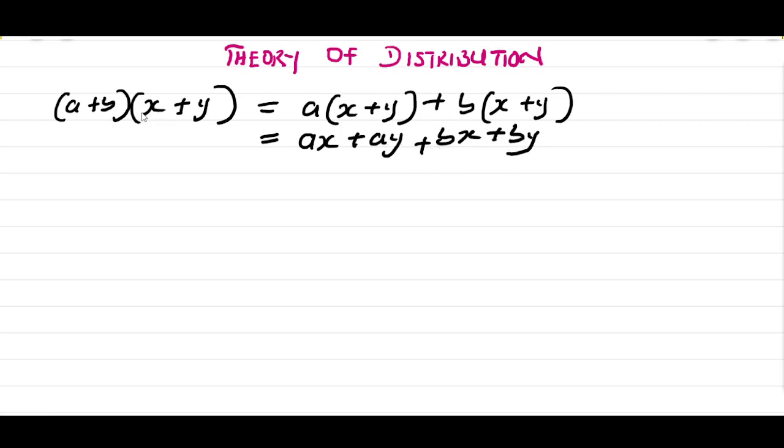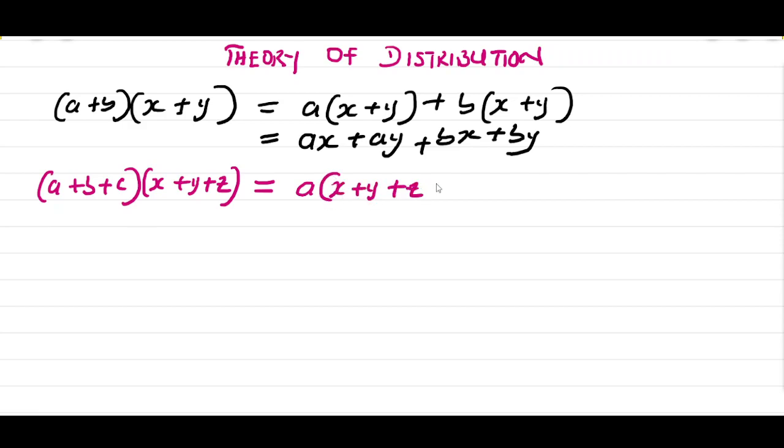Next, suppose that we wish to multiply out, let's say, (a + b + c), and then I have to multiply with (x + y + z). Just as before, a we go with (x + y + z), and then b we go with (x + y + z), and then c would go with (x + y + z) as well.